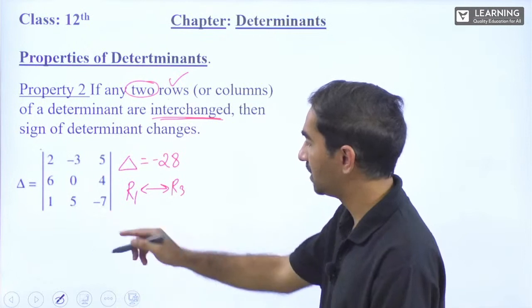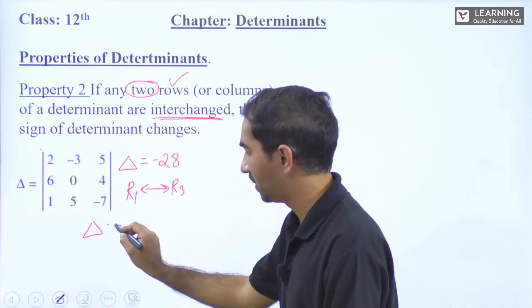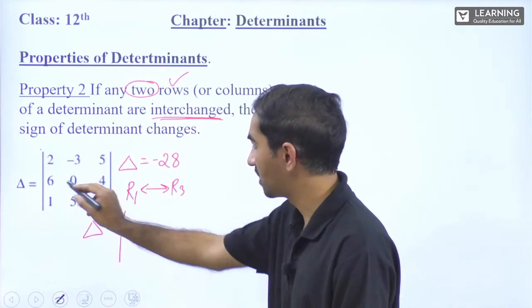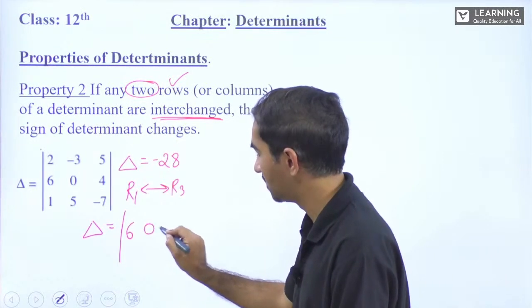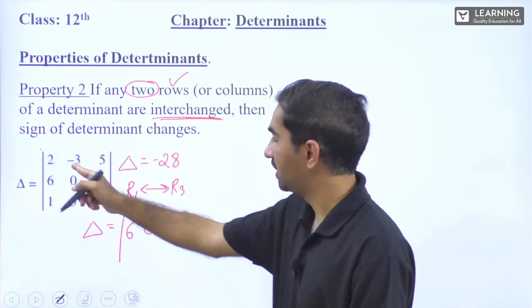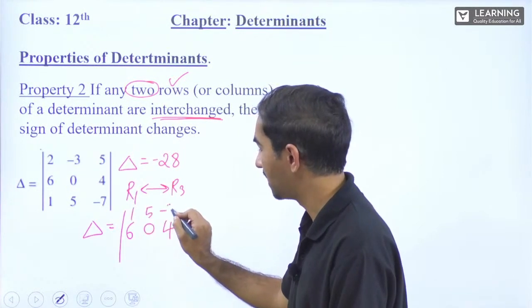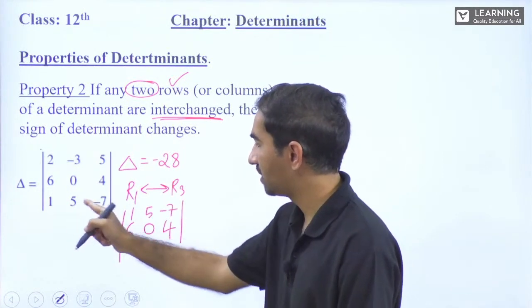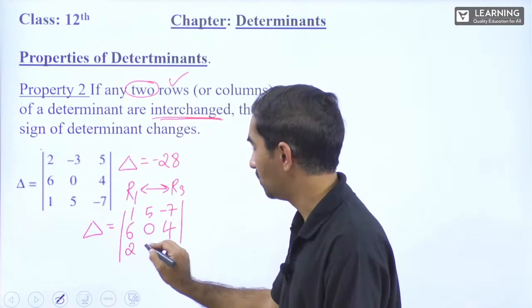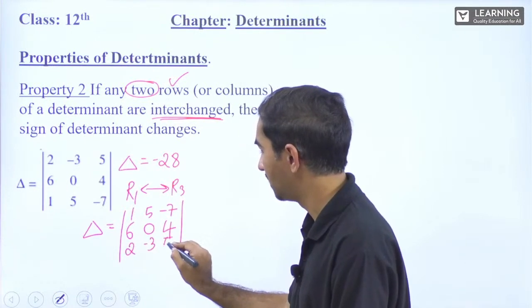So what will the determinant be here? R2 is unchanged, write R2 as it is: 6, 0, 4. In the place of R1, write R3, that is 1, 5, minus 7. And in the place of R3, write R1, that is 2, minus 3 and 5.